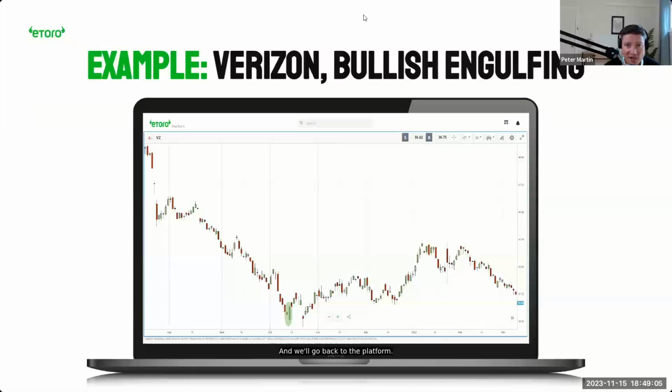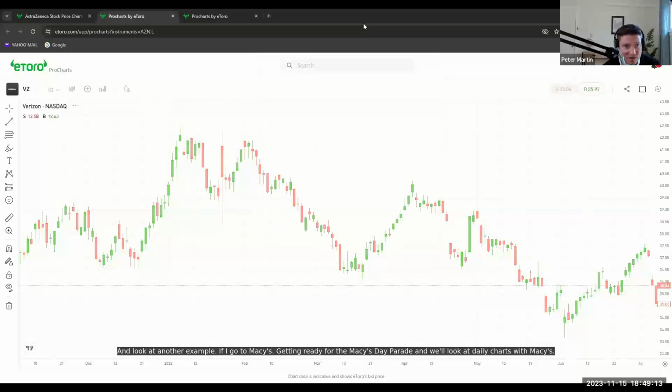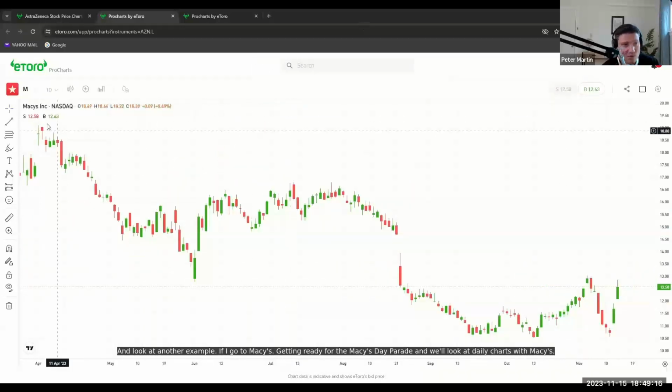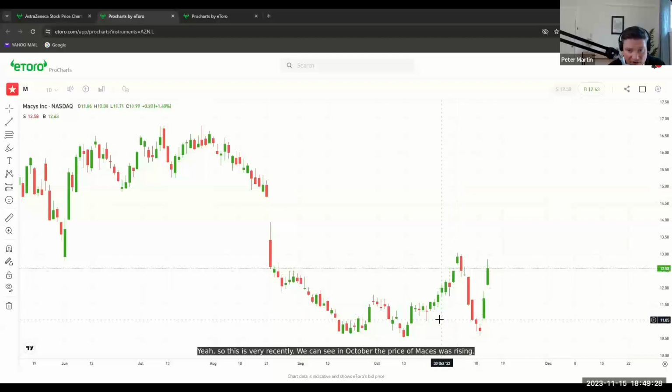And we'll go back to the platform and look at another example. If I go to Macy's, getting ready for the Macy's Day Parade, and we'll look at a daily chart of Macy's. So this is very recently.